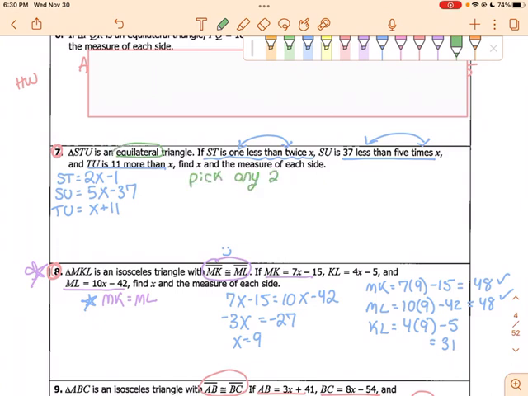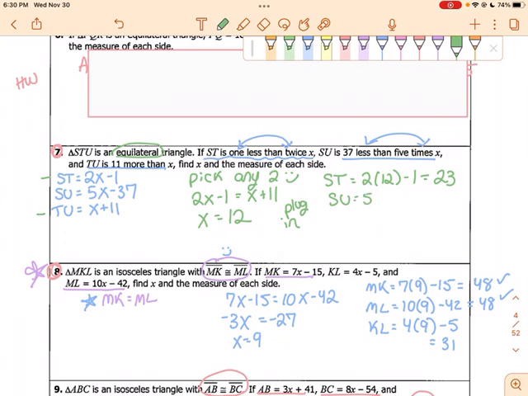Now, since it's equilateral, we can pick any two. So I would pick the ones that have the smaller numbers, like ST and TU. It doesn't make a difference. You'll get the same answer no matter which one. So I would subtract x on both sides, add 1 to both sides. Nice and easy, x is 12. And then you're just going to go and plug it back in to each side.